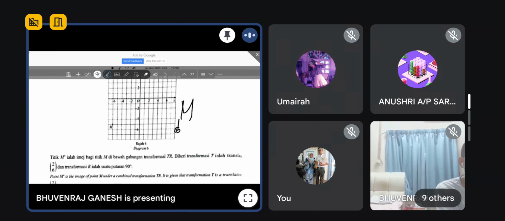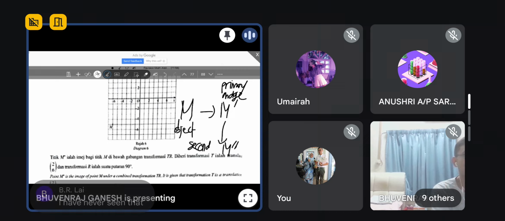M is the object, and then you got M prime, and then you got M prime prime. Okay, this is the flow. Ini adalah aliran dia. Dari objek kepada primary image. This is your primary image ataupun image primer dalam BM, and then this is your secondary image.